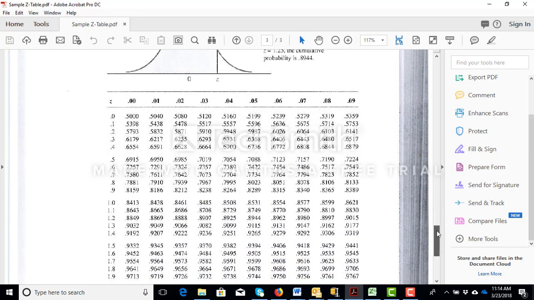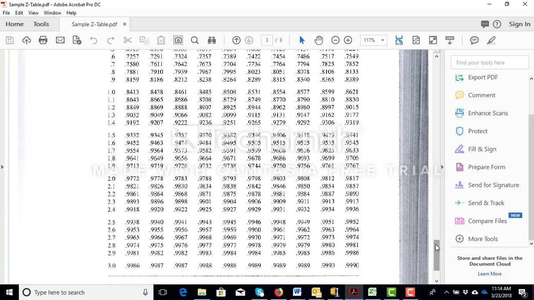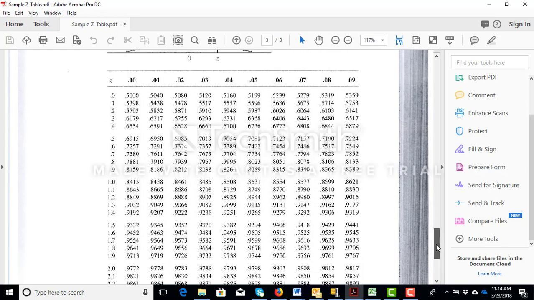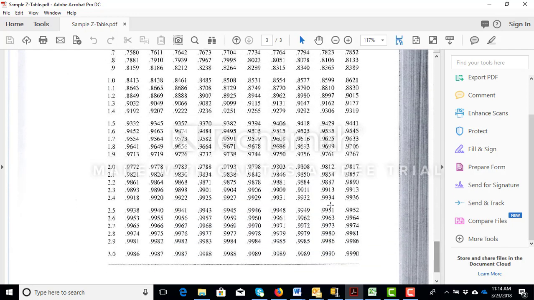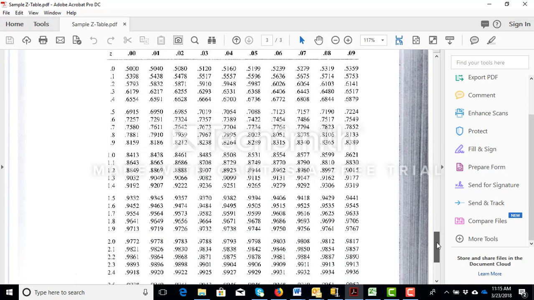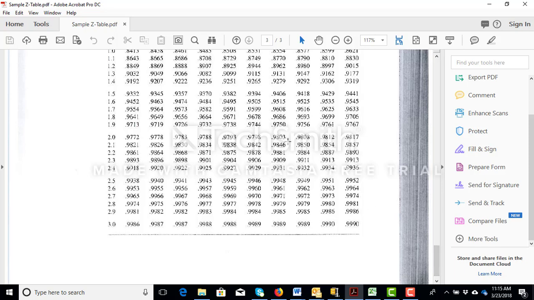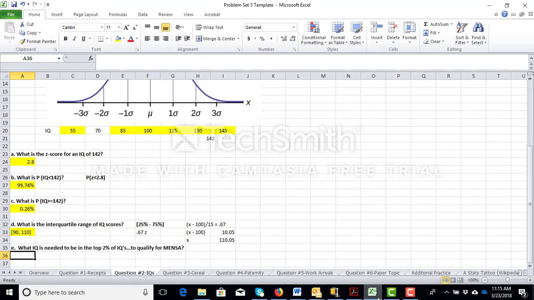So let's see, 98%. 98% looks like it's about here. 2.06 standard deviations above the mean.